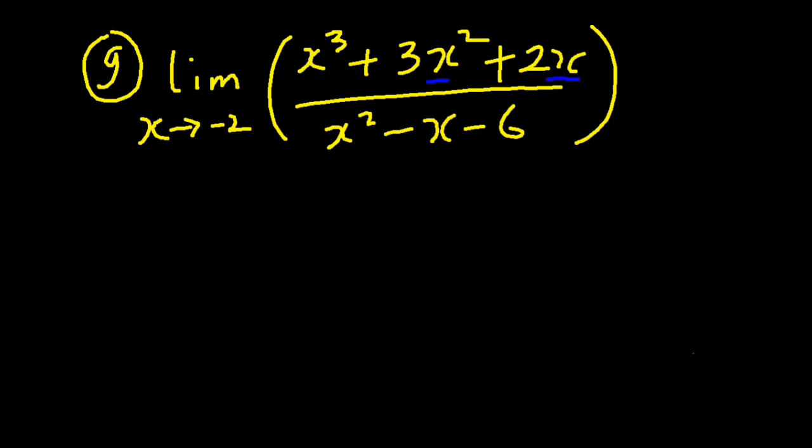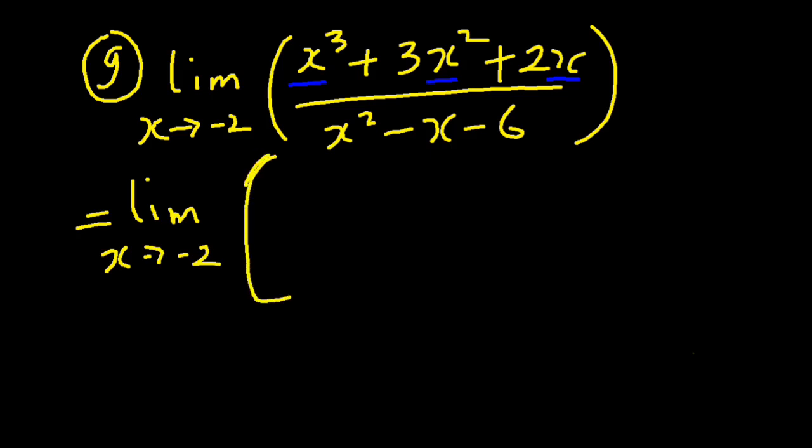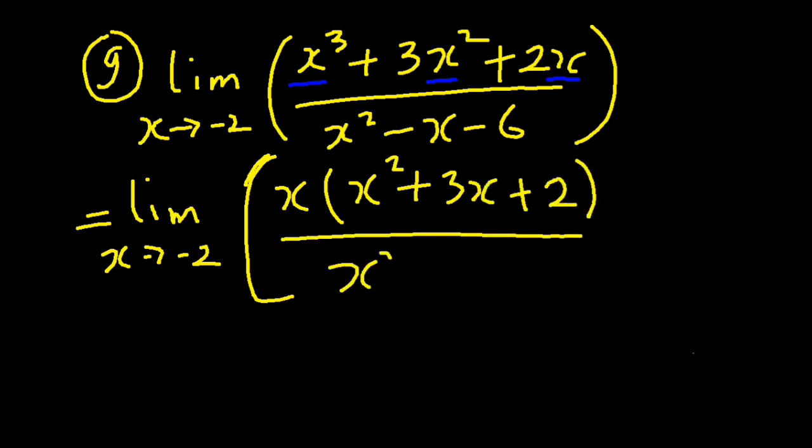We have quadratic expression and we can also factorize x out. So this is equal to limit when x tends to minus 2. Factorize x out of the numerator. We have x into x raised to power 2 plus 3x plus 2 all over x raised to power 2 minus x minus 6. So we have quadratic expression now.